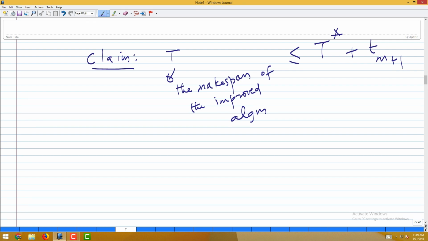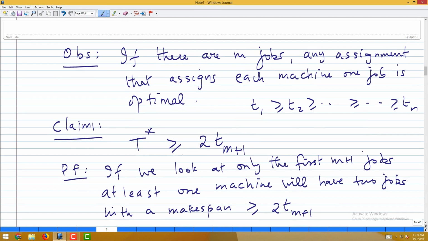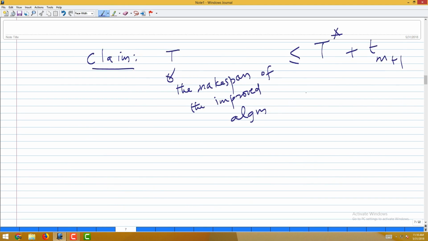Now, for the last job, the job number is at least m plus 1 and the timings are all decreasing. So, this job's time is at most T m plus 1, but we already argued T m plus 1 is at most T star by 2. So, what have we done? We have improved the approximation ratio from 2 to 1.5.